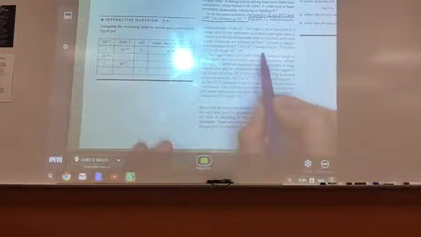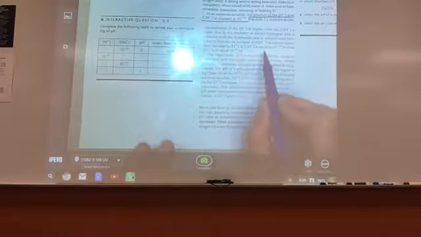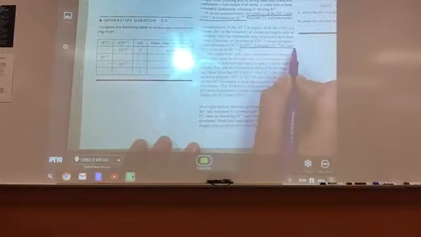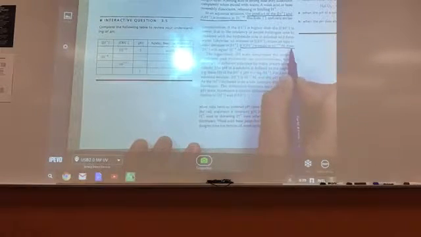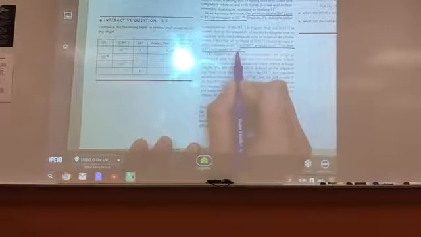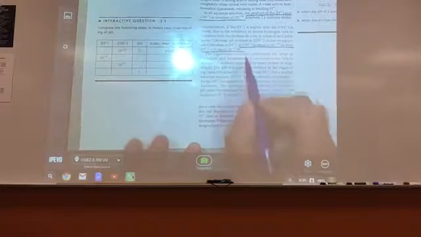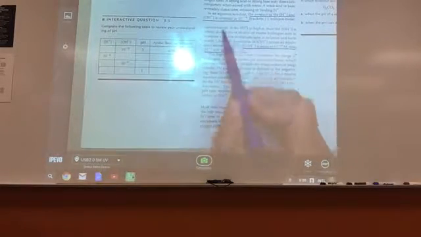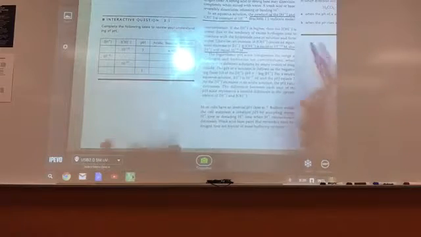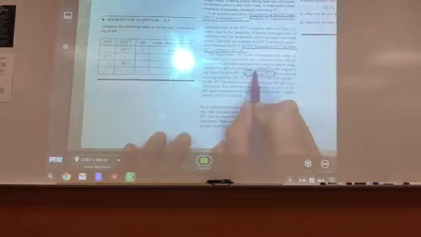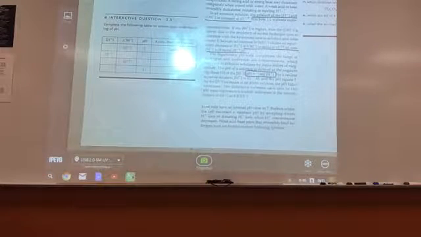It gives you an example down here that if the OH negative concentration is equal to 10 to the negative 10 molar, then the hydrogen ion concentration will be equal to 10 to the negative 4 molar, and if you multiply these together, you get 10 to the negative 14, so that's constant. That's another piece of information. And then the next thing is this equation here: pH is the negative log of the hydrogen ion concentration.